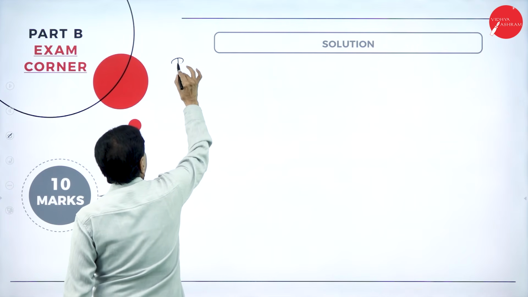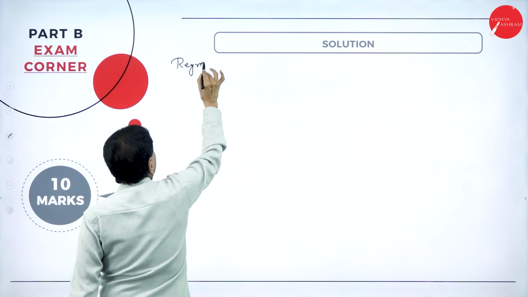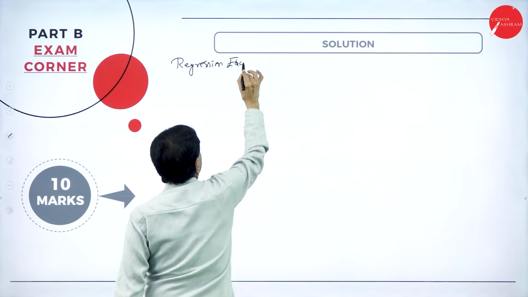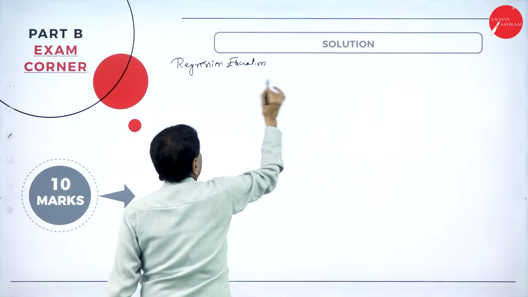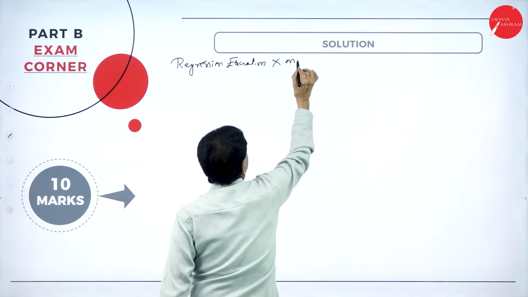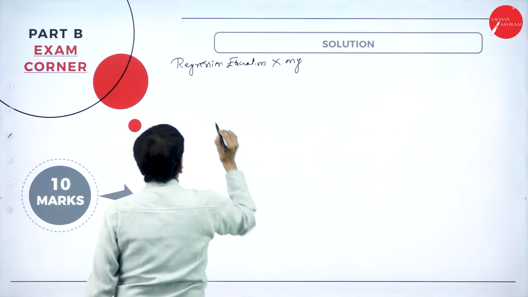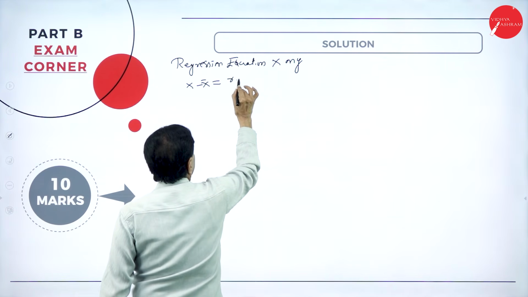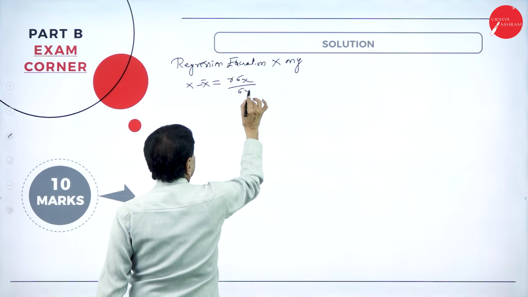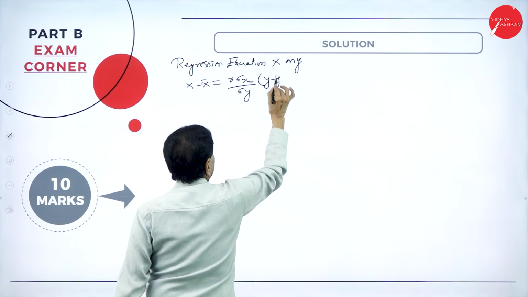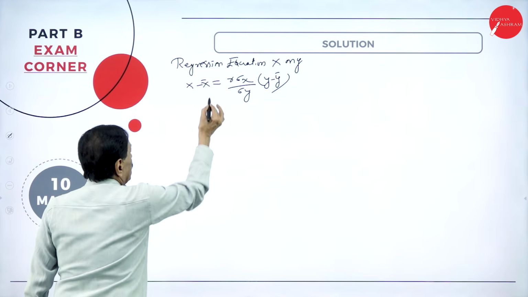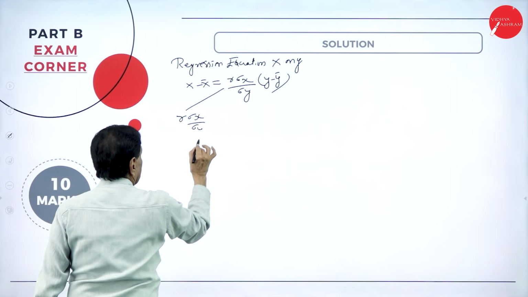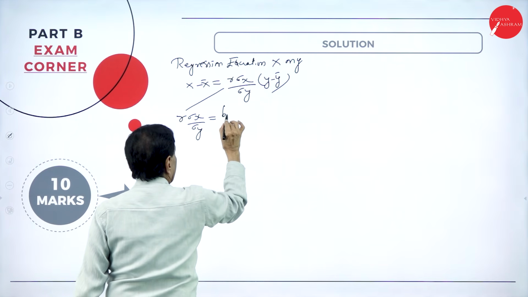Regression equation x on y is equal to x minus x mean, r into standard deviation x. This is your regular formula. So this will be r into standard deviation x over standard deviation y, which is called bxy.